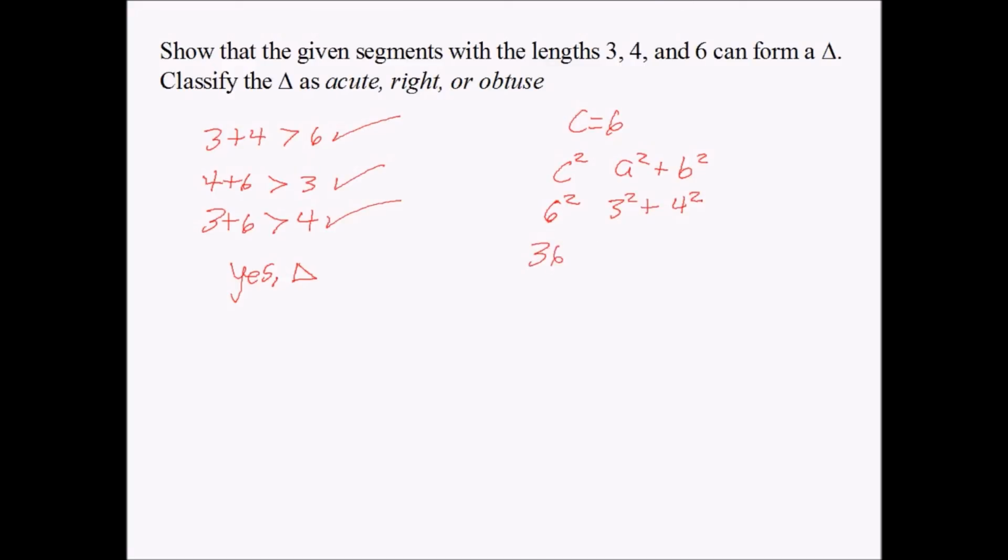So I have 36, and then I have 9 plus 16. So I have 36 and 25. Is my c squared greater than, less than, or equal to? My c squared is greater than a squared plus b squared. Remember I told you, if it's greater than, then it has to be obtuse. Greater than is obtuse, less than is acute.